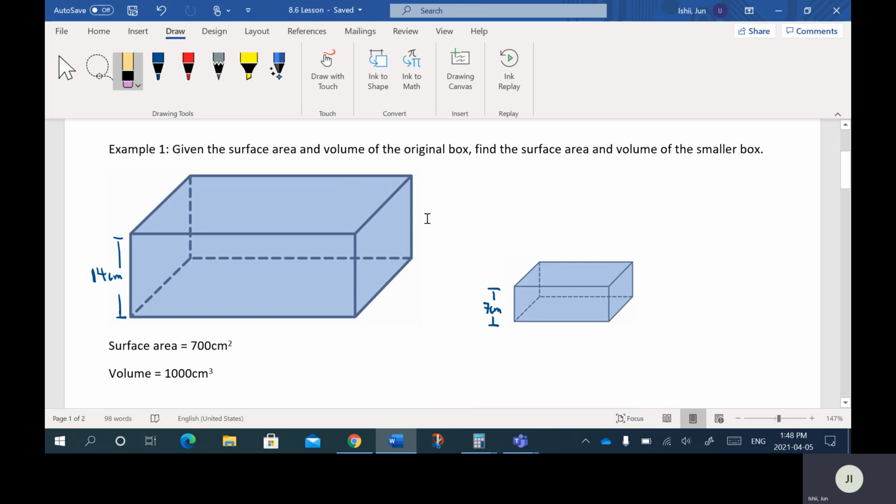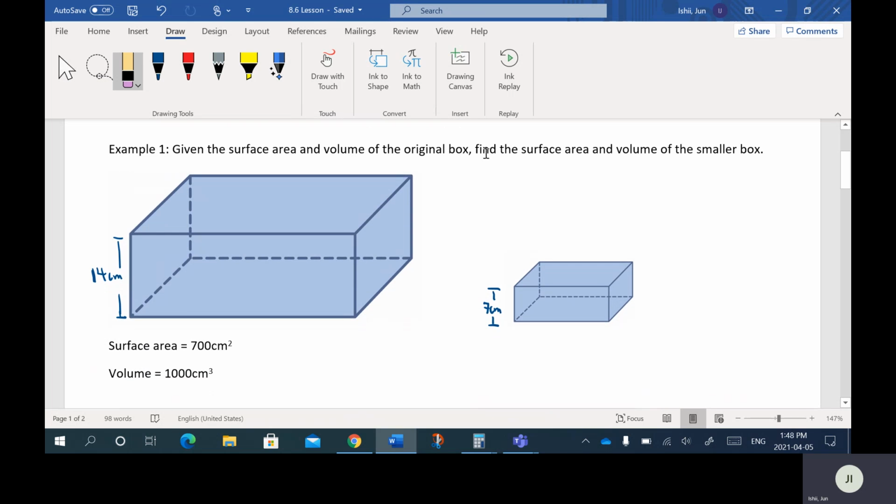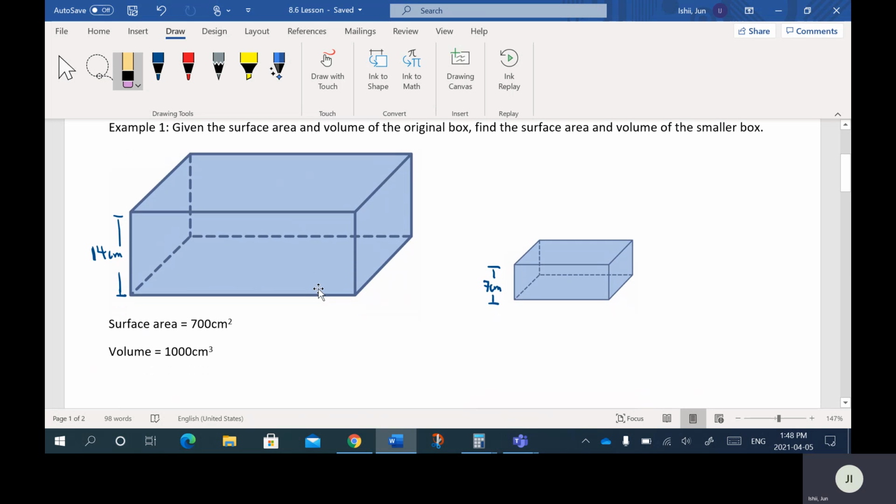For this example, we're given the surface area and volume of the larger box, and we want to find the surface area and volume of the smaller box. The first thing we want to do is find the scale factor. We have two corresponding measurements, the heights of the boxes: 14 centimeters for the larger one and 7 centimeters for the smaller box.